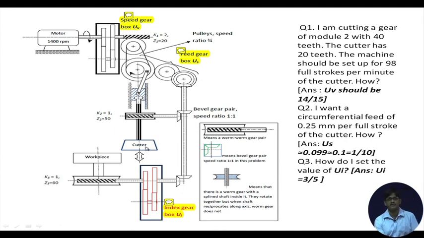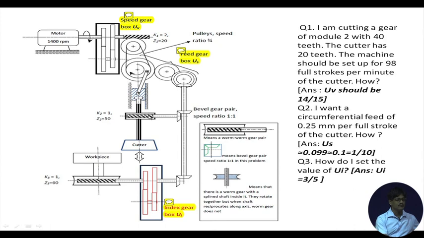Suppose the cutter is rotating once. If the cutter rotates once, how many times do you think the worm gear is rotating here? The worm gear must be rotating once also, because they are sharing RPM. If the worm gear is rotating once, how many times do you think the worm will rotate? Surely the worm is going to rotate at a much higher rate, given by this ratio 1 by 50.